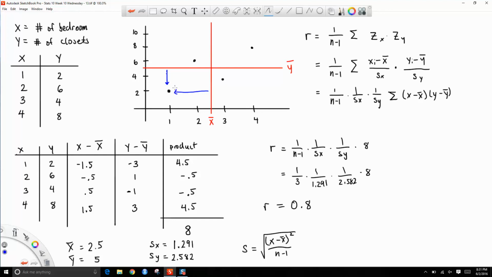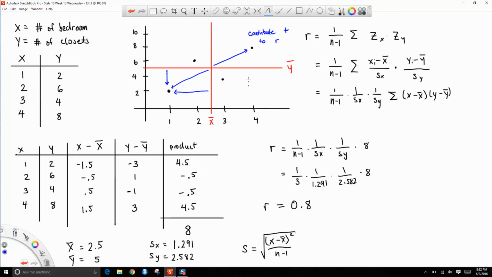So this point, because it's below the x and below the y, is going to be negative and negative, and it's going to contribute a positive amount towards the correlation. So things in this direction, which is the overall positive, contribute positive values to R, right?